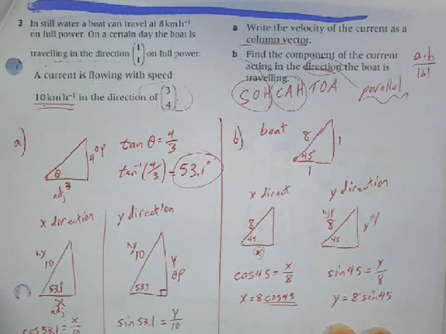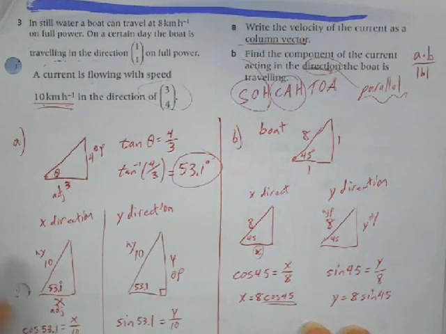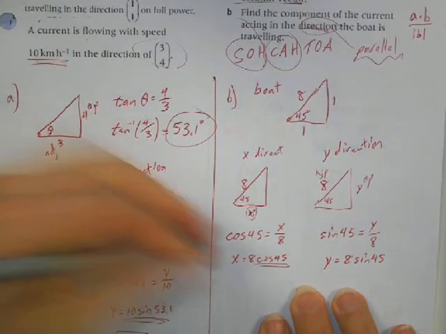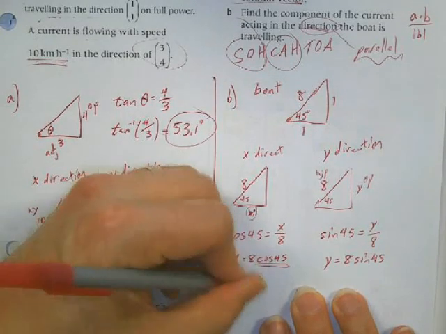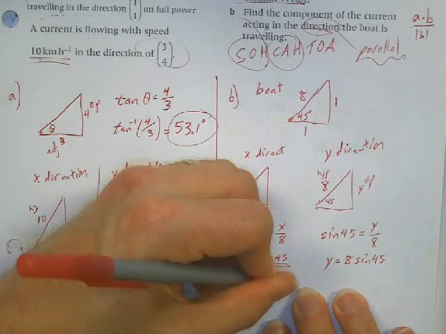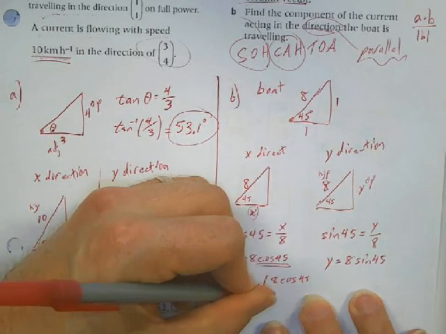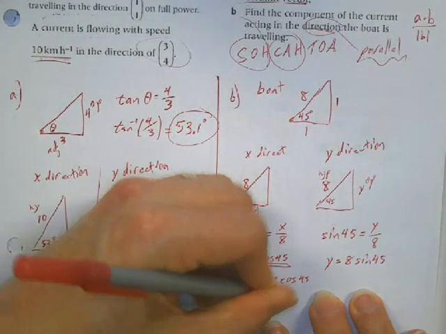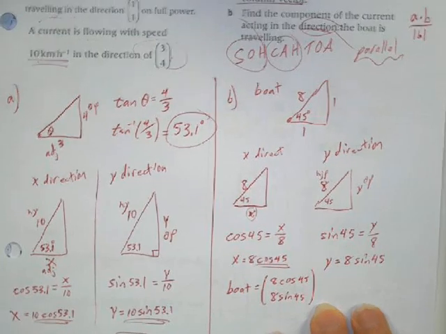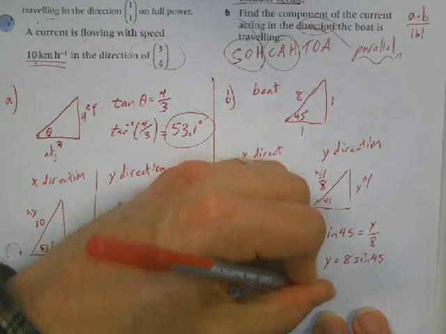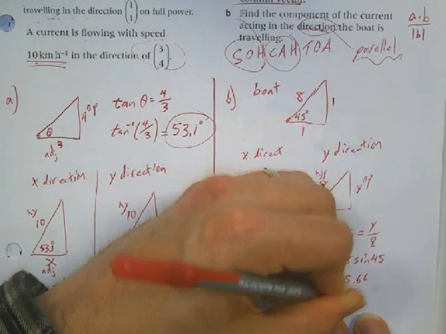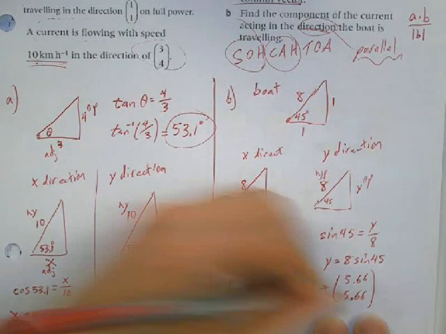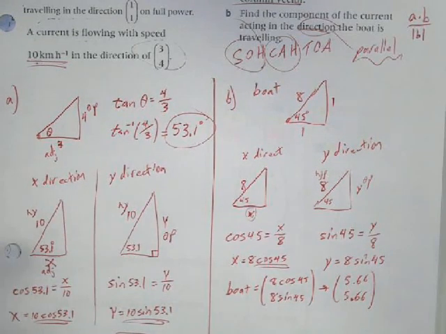So my boat vector is equal to 8 cosine 45, 8 sine 45, which simplifies to 5.66, 5.66. Okay. So now I've got my two vectors. Now we can finally do some work.